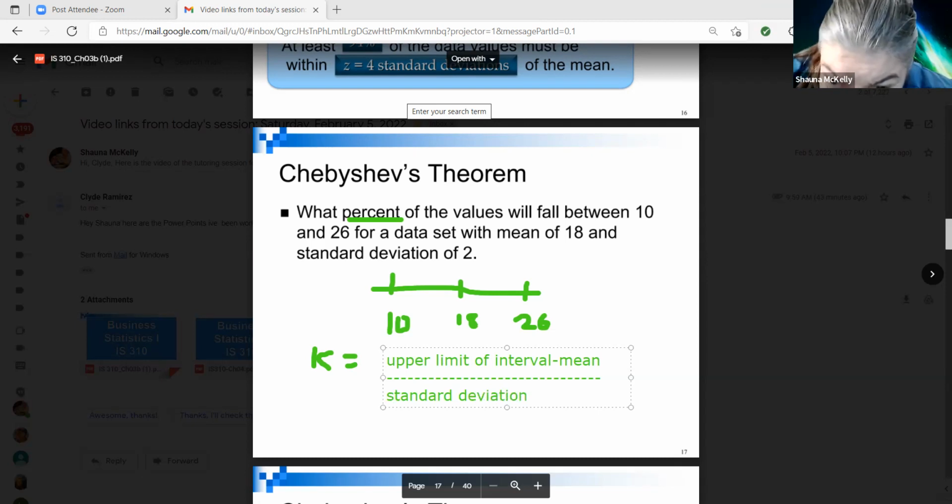You can also use the lower limit if you want, but it would look slightly different.